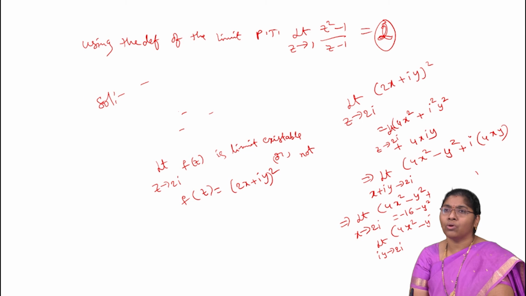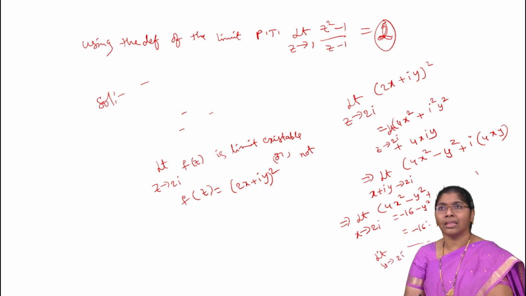That equals minus 16 minus y squared, and i into i, plus i squared, that is minus 8y. This is the function. Now similarly, the limit as y tends to 2i. Substituting that, we get another condition.